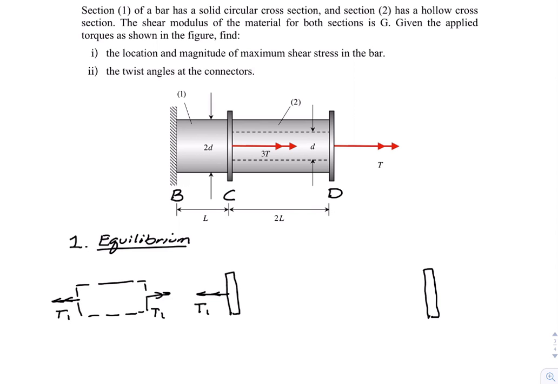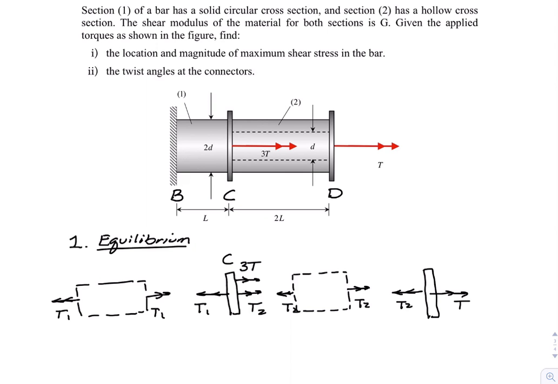Let's not forget that between C and D there is member 2. So it's going to be carrying its internal torque there of T2, so we know we have equal and opposite on connector C. And then of course there is the applied torque there of 3T, and then on connector D we have the equal and opposite torque there of T2 with the applied torque of T.